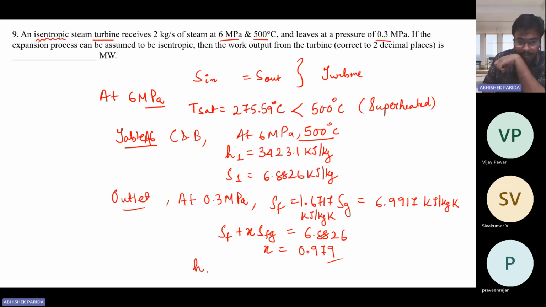Now let us find out enthalpy. So mostly you will find, if I draw the TS plot, it will be somewhat like this.